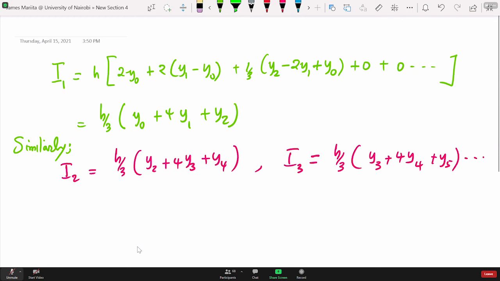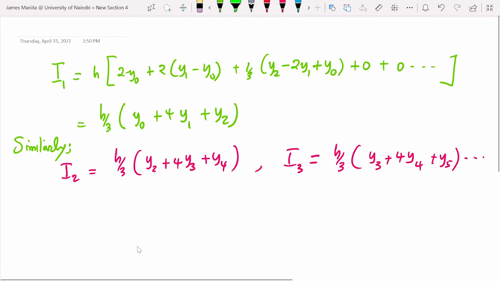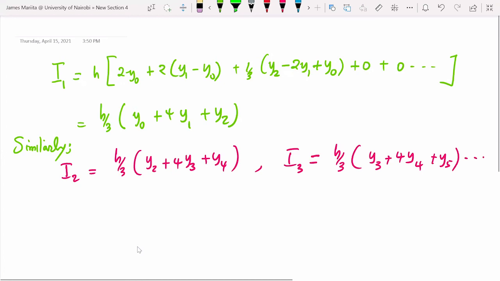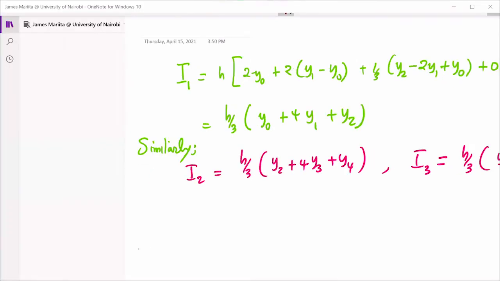Oh, yes, I think you're supposed to start from the other side. Start from where now? y naught plus 4y1 plus y2. So let's look at this one first, the expansion of this. Let's start from this point.